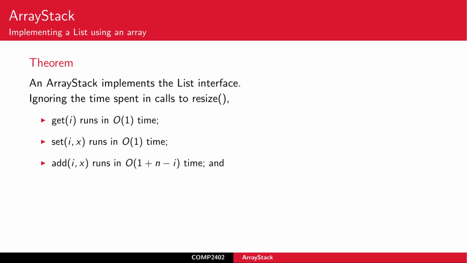The add(i, x) operation requires shifting n-i elements of A, which takes an additional O(n-i) time. Similarly, the remove(i) operation requires shifting n-i-1 elements of A, which also takes an additional O(n-i) time.